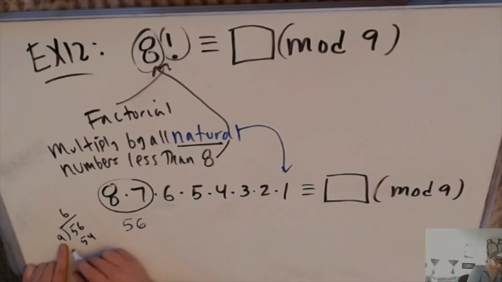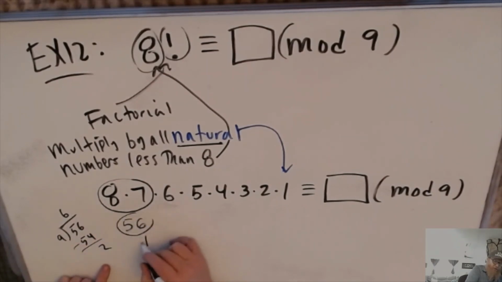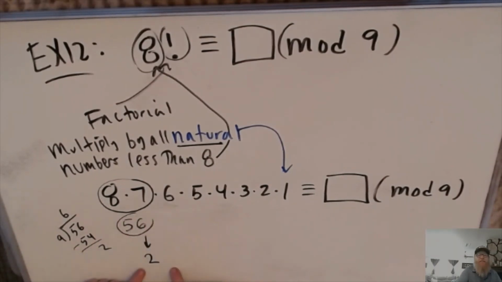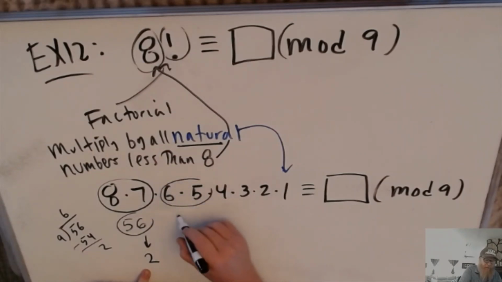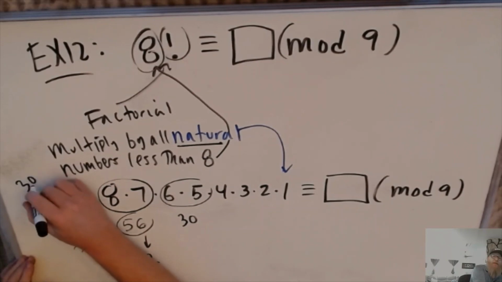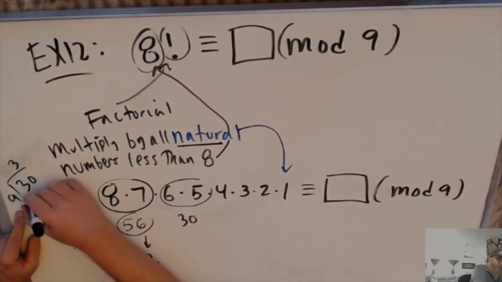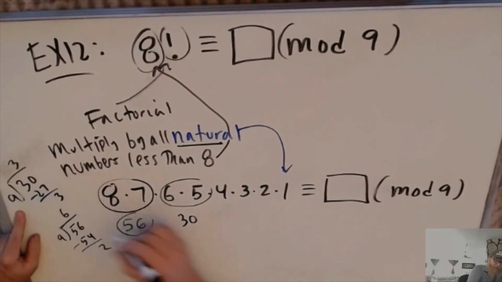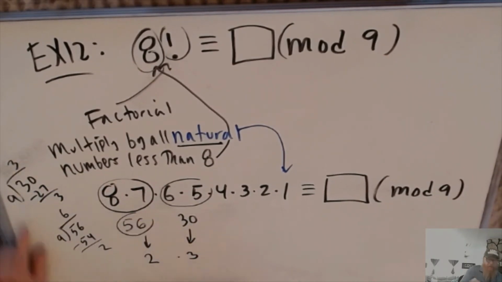There's your 54. Remainder 2. So that means 56 becomes 2. Okay. How about 6 times 5? 6 times 5 is 30. 30 divided by 9, 27. Remainder 3. So 30 becomes 3.